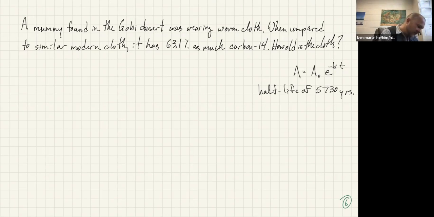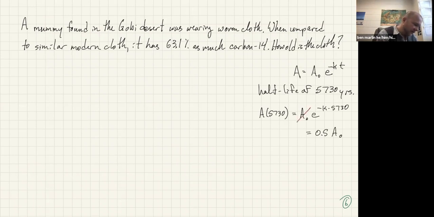So that means that if you take A of 5730, you can plug into the formula and have the A naught e to the -k times 5730, but you could also say that you have 0.5 times A naught because it's half as much.